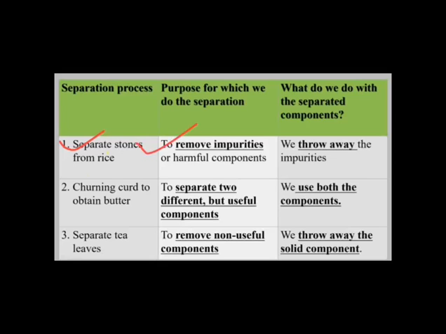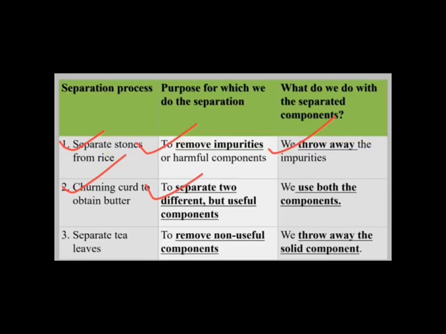We throw away the impurities, the non-useful components, right? Now the next is churning curd to obtain butter. Here the purpose is to separate two different but useful components, so we use both the components.